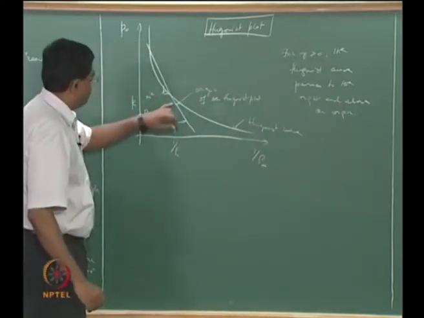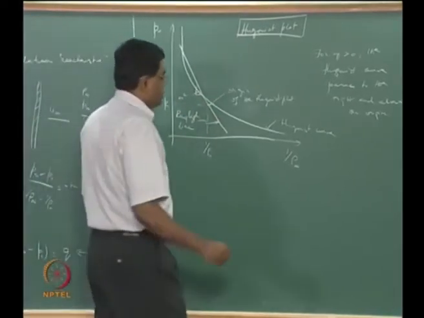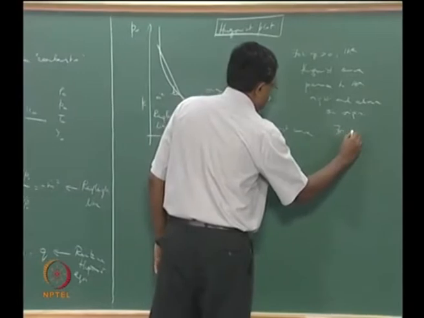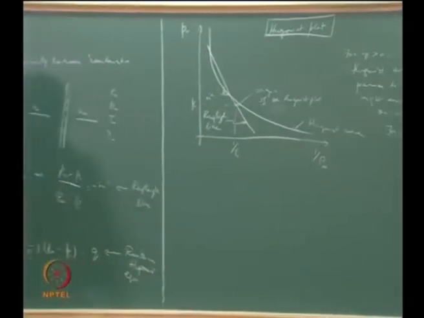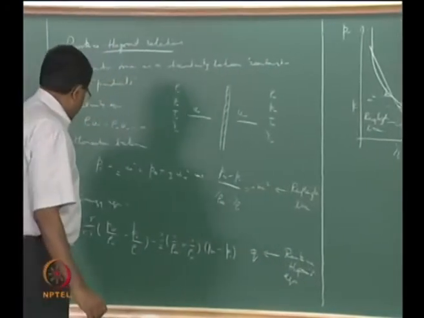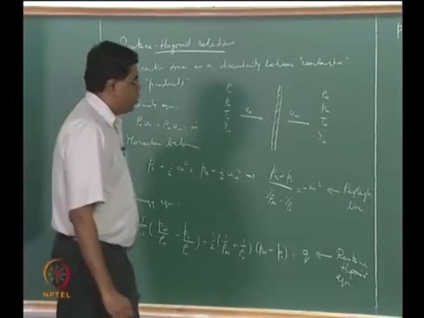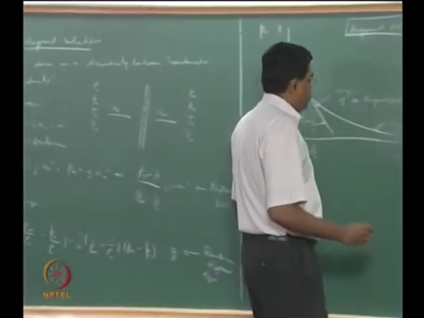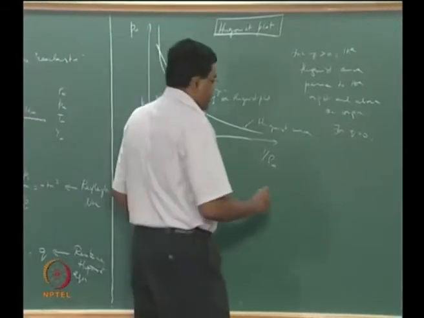For Q equal to 0, you could also check this if you want by plugging in values for P infinity and rho infinity. For Q equal to 0, the Hugoniot curve would pass through the origin.